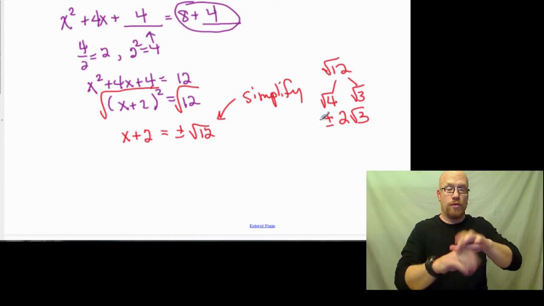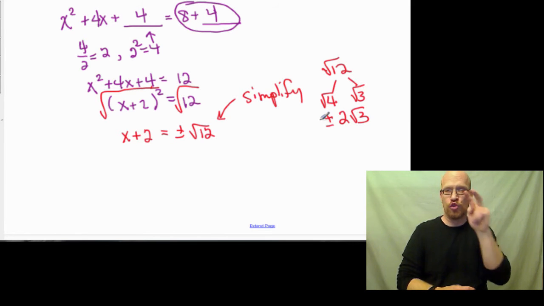Now, we've been working on square roots and on simplifying them.